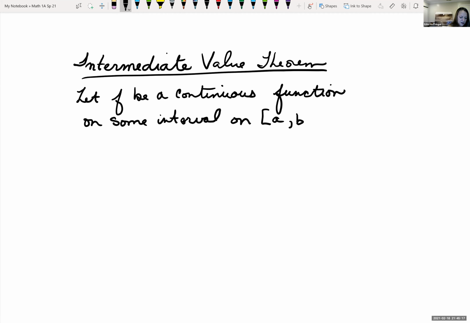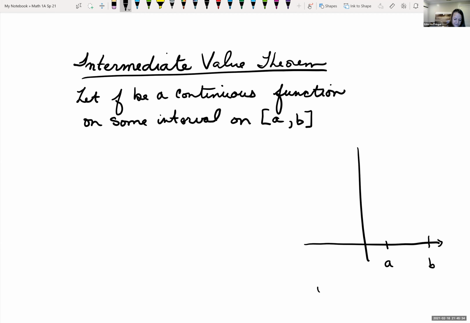So remember, sometimes we could write intervals with brackets if you're including the endpoints, or parentheses if you weren't including them. And so basically here we have a graph. Find some value a here, some value b on our graph.